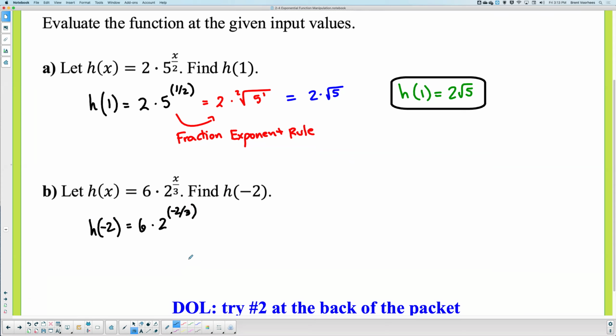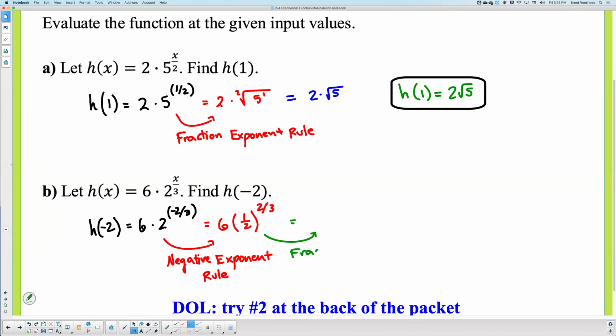Well, applying some of our properties that we know here, what I could do first off is apply the negative exponent rule, which means I can change my base and take the reciprocal of the base, so it's now 1/2 to the power of 2/3.